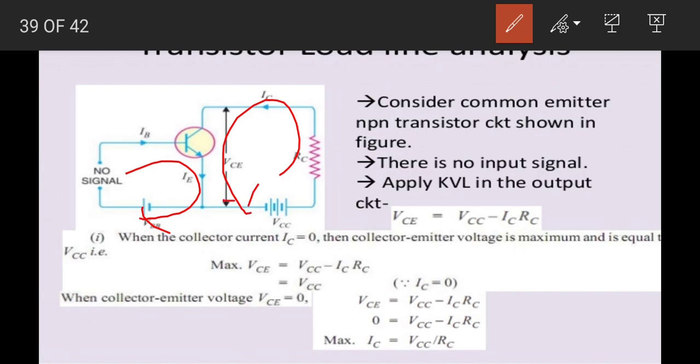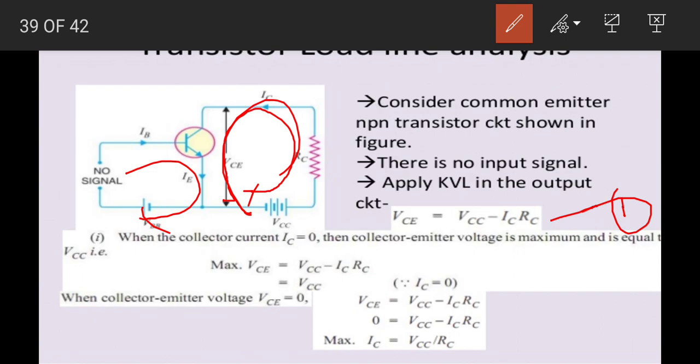Apply it from VCE: VCC minus ICRC. This is the KVL equation 1. Kirchhoff's voltage law, this is like this: VCC is equal to VCE plus IC into RC.